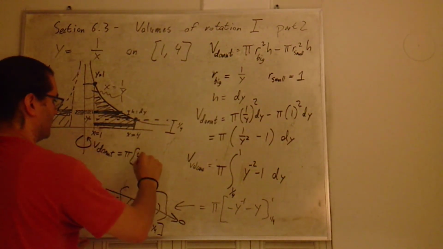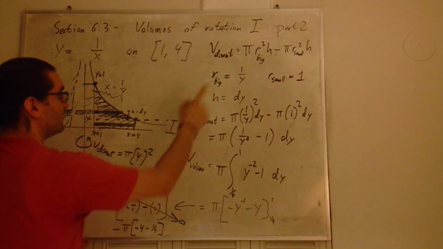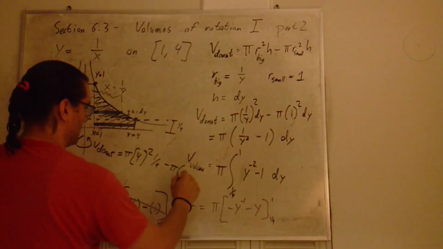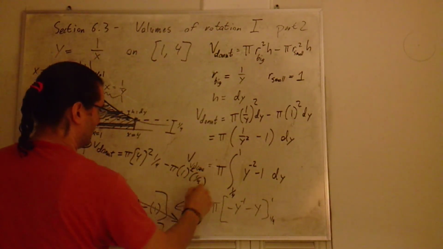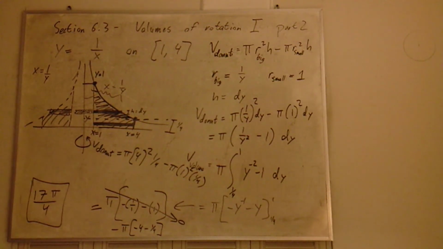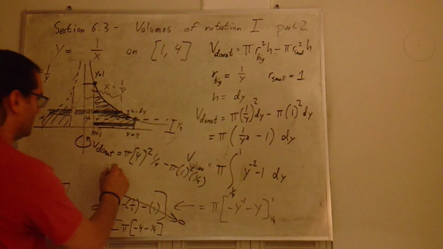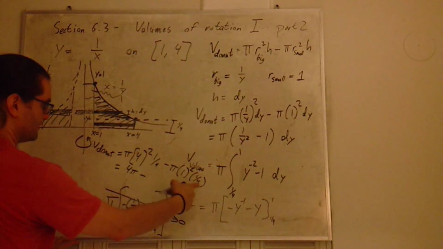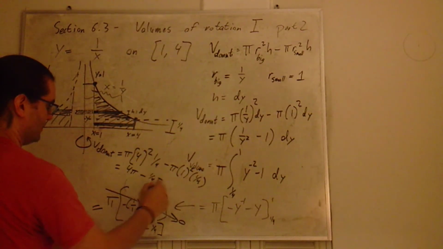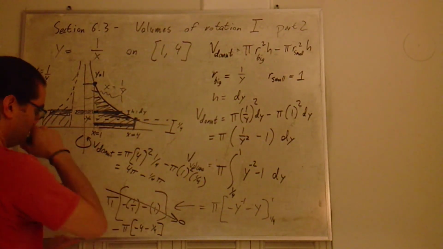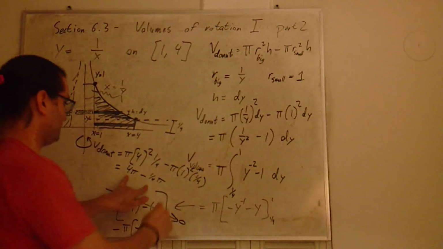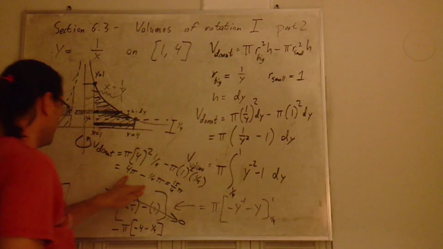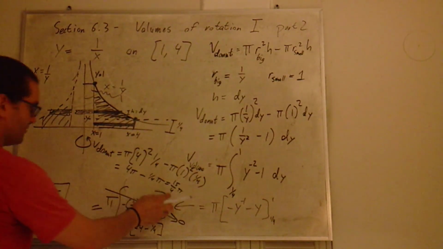Pi times 4 squared, the height here is 1/4, minus pi times 1 squared times 1/4. This has turned into quite a mess, and I apologize for that. This will be 4 pi minus 1/4 pi, so 15/4 pi. This is the volume of the bottom piece.